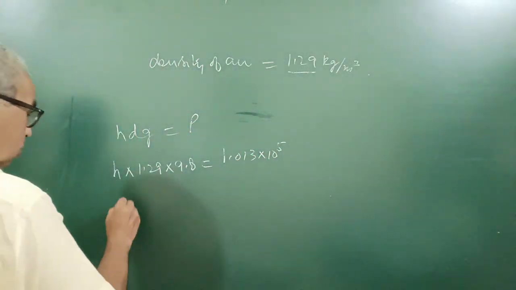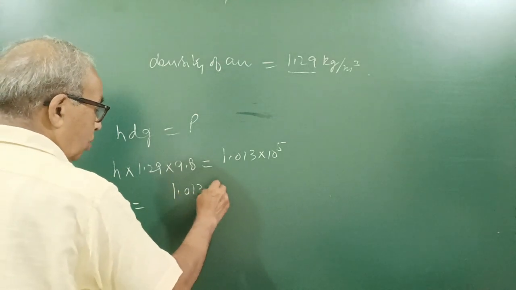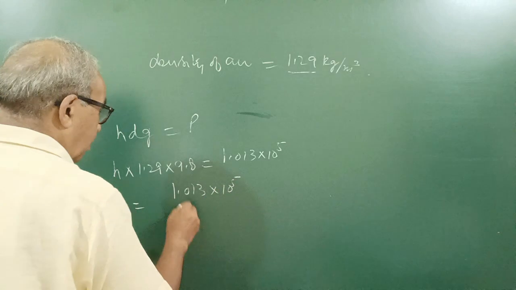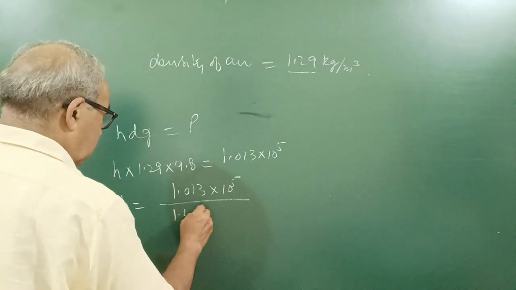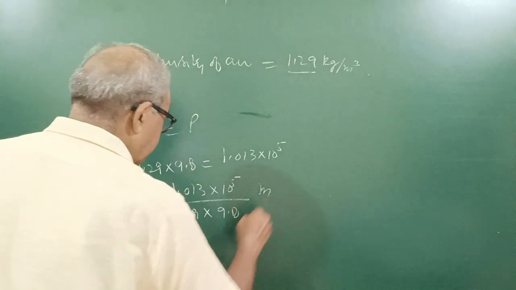So from this you will get h as 1.013 × 10^5 upon 1.29 into 9.8 meter.